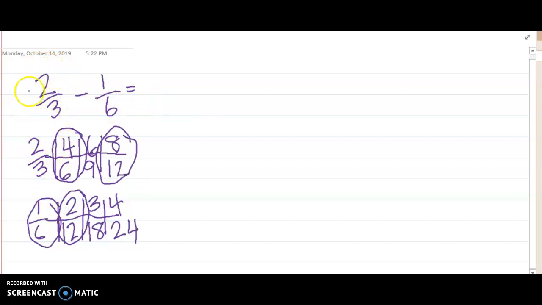I'm going to take my 2/3 and I'm going to write it as 4/6. I'm going to take my 1/6 and it's going to stay the same. Minus 1/6 equals. So I'm going to subtract the numerators. 4 minus 1 is 3.